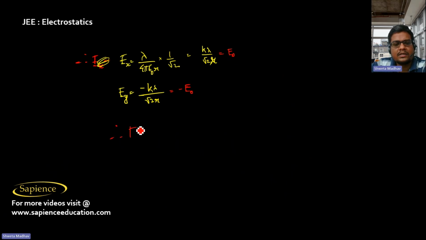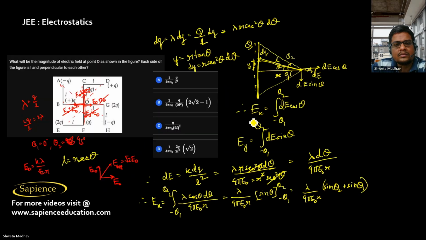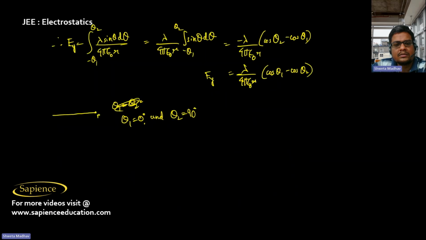So therefore the net electric field at the point O will be root 2 E naught, into K lambda by root 2 R. Root 2 will cancel, so this will be K lambda.